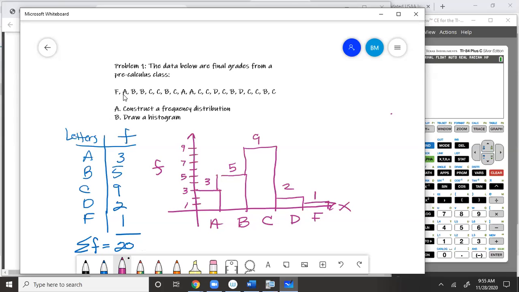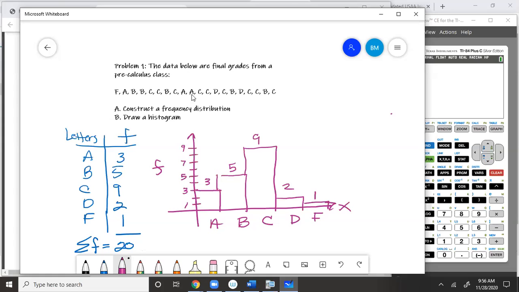So the letter A appears 3 times, the letter B appears 5 times, and you want to do this for each of the letters. The sum total of your frequencies is simply adding all of your frequencies up. So the sum is 20. Make sure that matches the number of elements in our data set. So that is a frequency distribution.